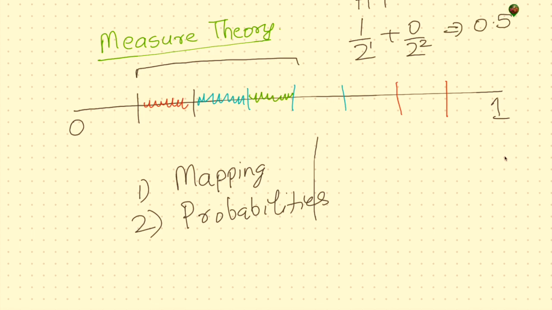And if I get HH, this will get mapped to 1 by 2 plus 1 by 4, which is equal to 0.75. So all this mapping we discussed, and that's how the Rademacher functions were born. And yeah, we tried a lot of different combinations.